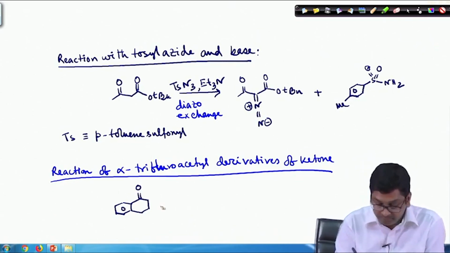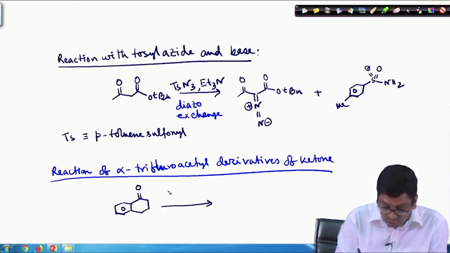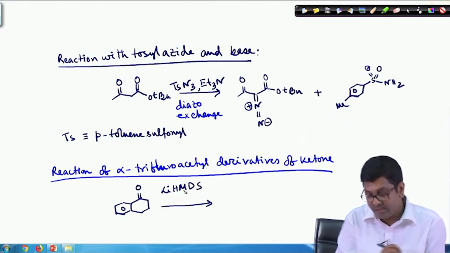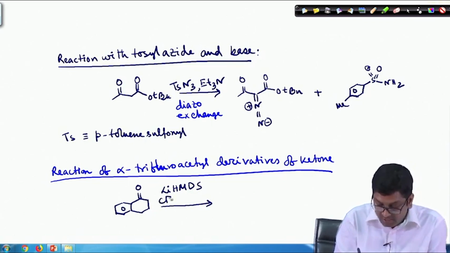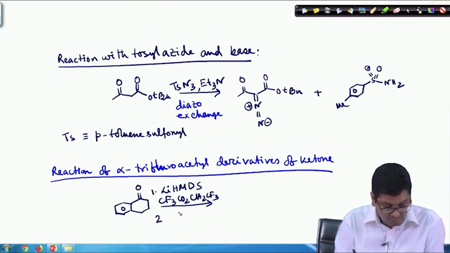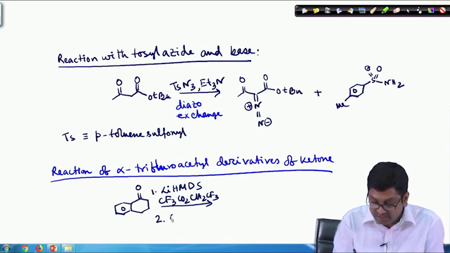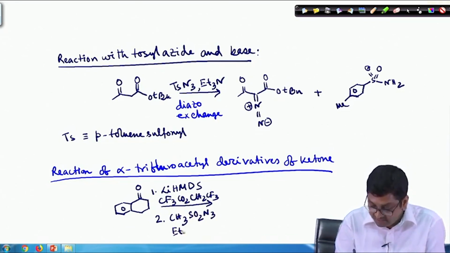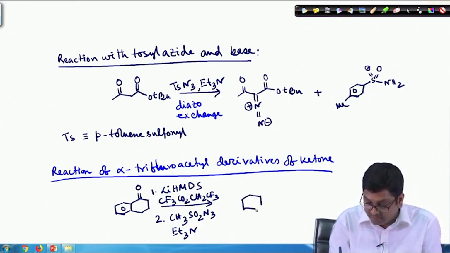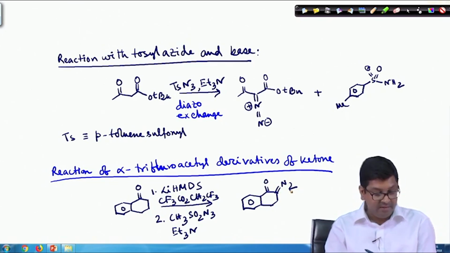So, if we take this ketone and then in presence of some strong base, as per example lithium HMDS, and this ester CF3CO2CH2CF3, and number 2 is the diazo exchange, that is the methane sulfonyl azide in presence of base, okay, that will give this corresponding diazo compound in a very efficient way.